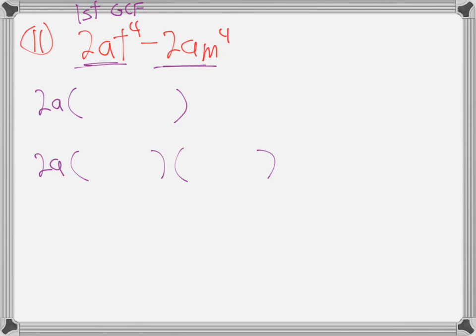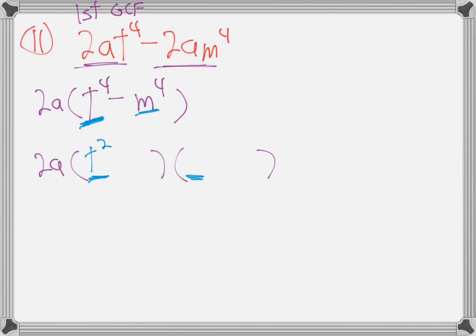All right, so if you take out the 2a, it's going to be t to the 4th minus m to the 4th. Is that good? Now, what do we do from there? What am I going to do with t to the 4th minus, front times front to make t to the 4th?